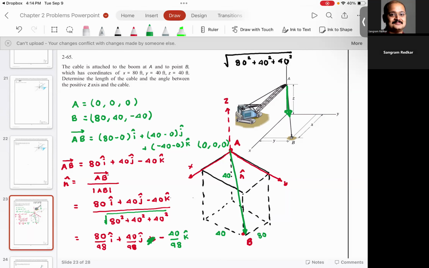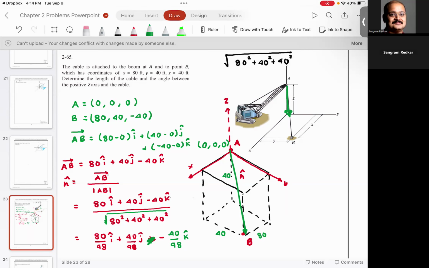It means if I take the inverse of cosine, I got the angle of that vector with respect to positive x-axis. If I take inverse of cosine, I get the angle with respect to positive y-axis. If I take inverse of cosine minus cosine, it's same as cosine, I would get angle with respect to positive z-axis. Everyone understood this? That's what we have asked.